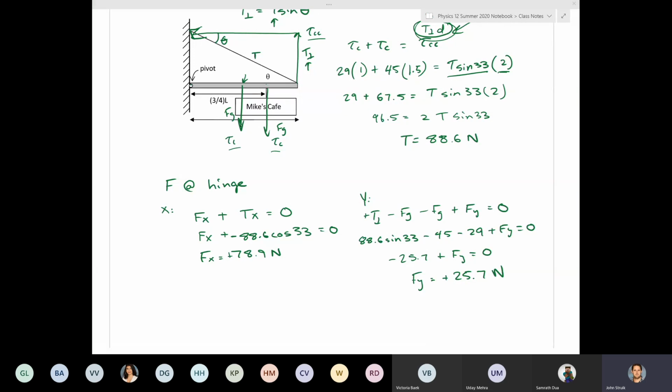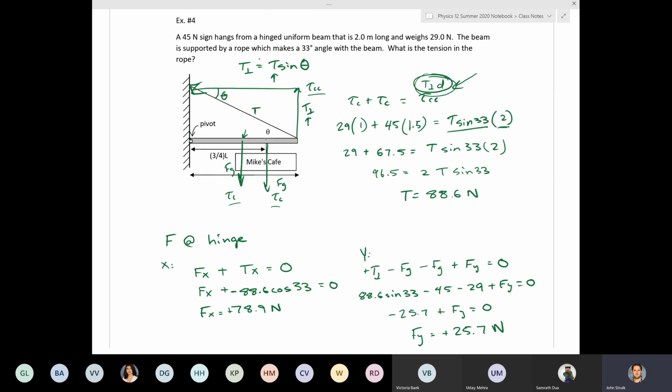So T perpendicular doesn't equal torque counterclockwise. T perpendicular is a force that causes counterclockwise torque. So this is tension, it's not torque.